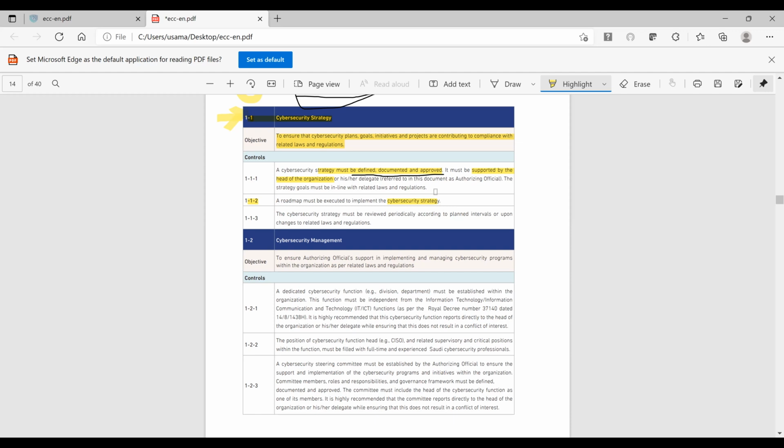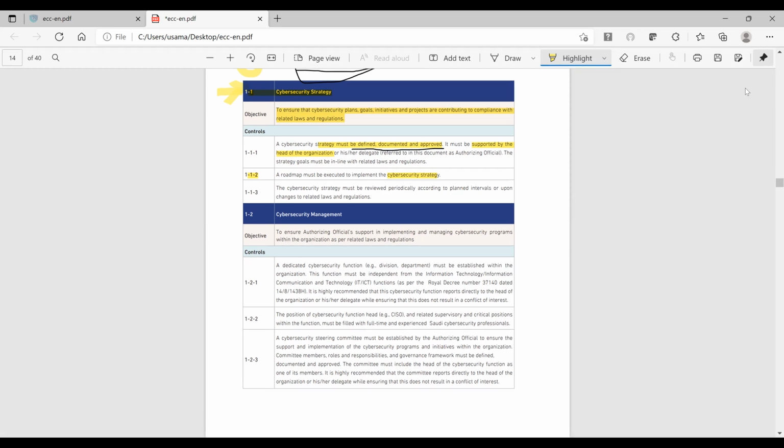In some situations, management does not sign or approve it, but it will only be signed and approved when there is an audit, internal or external. Then this means, okay, let's have the policy approved. You must implement it, and have commitment from the management. Also, the third control: it should be reviewed periodically.